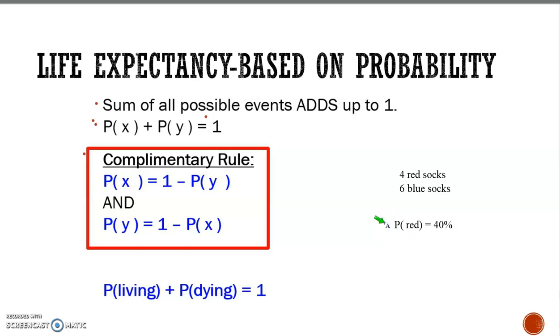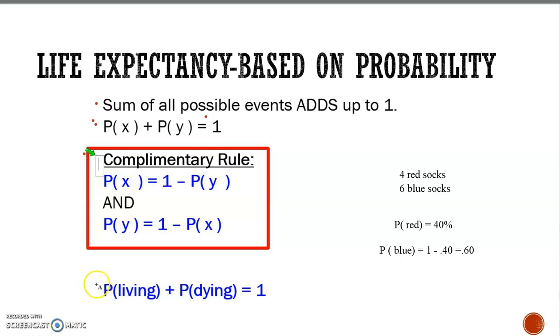The complementary rule says you could use this rule to figure out the probability of the other event happening. So the probability of picking a blue sock is just 1 minus the probability of picking a red sock, which is 60%. That's called the complementary rule.